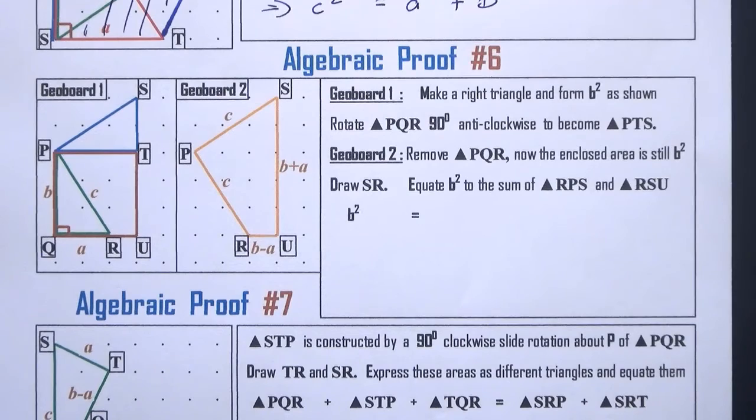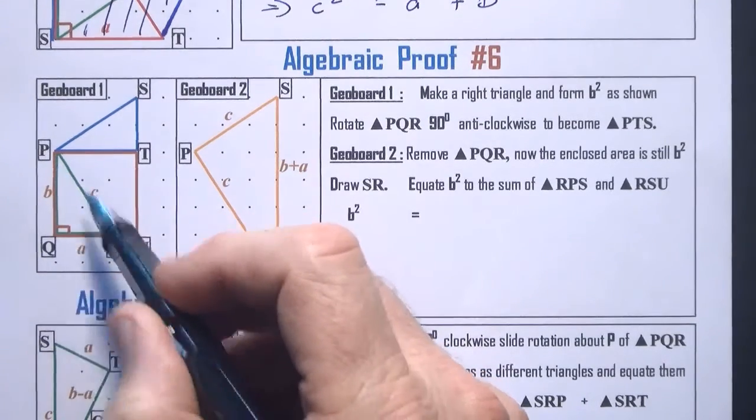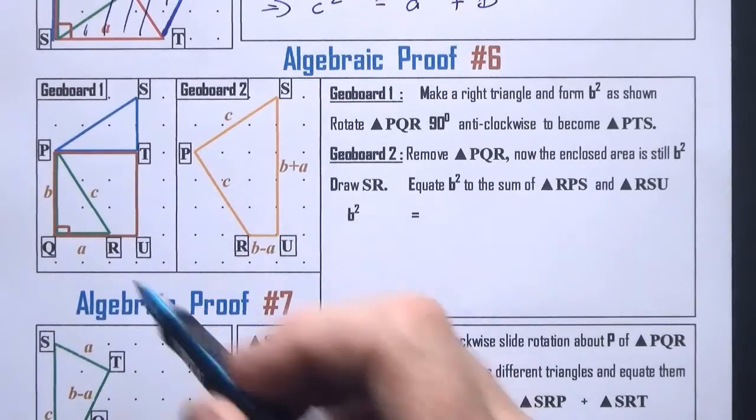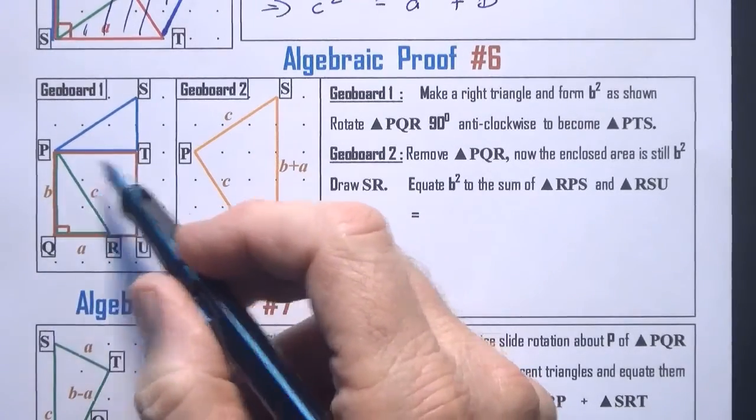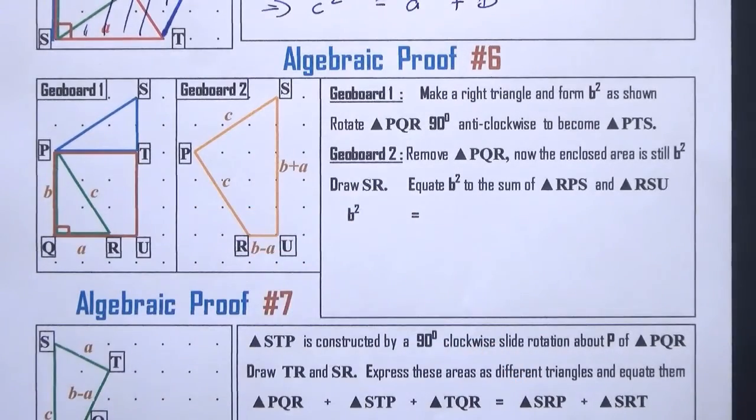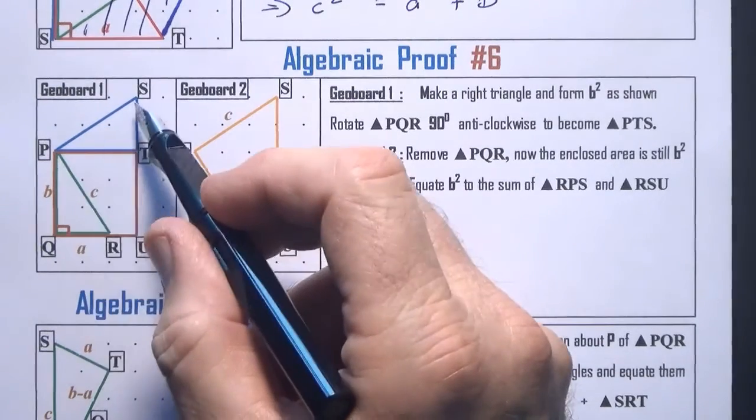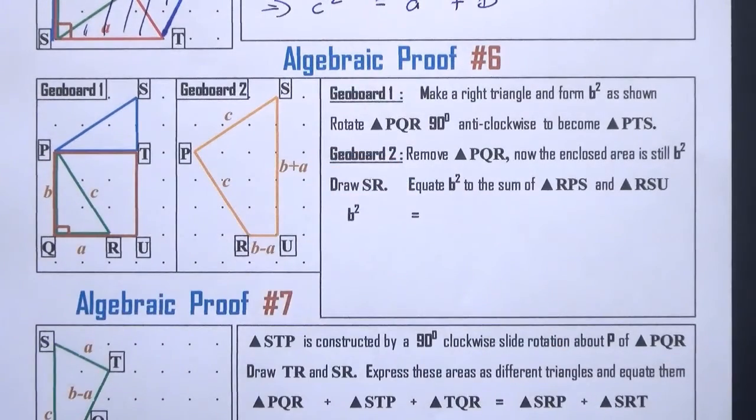Algebraic proof number 6. We start with the triangle PQR, and we draw a square on the B side. Then we rotate PQR 90 degrees anti-clockwise, and we form this triangle here, PTS.